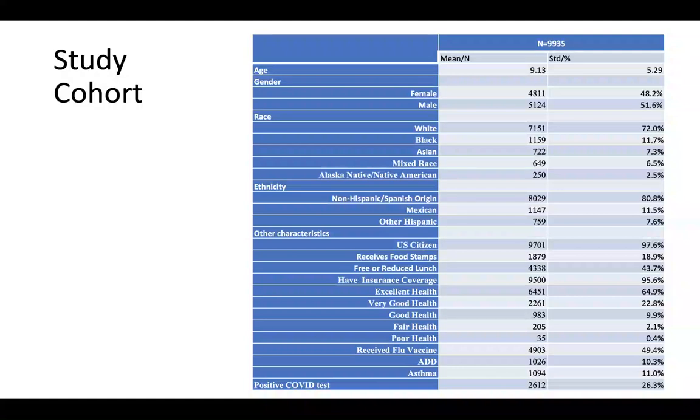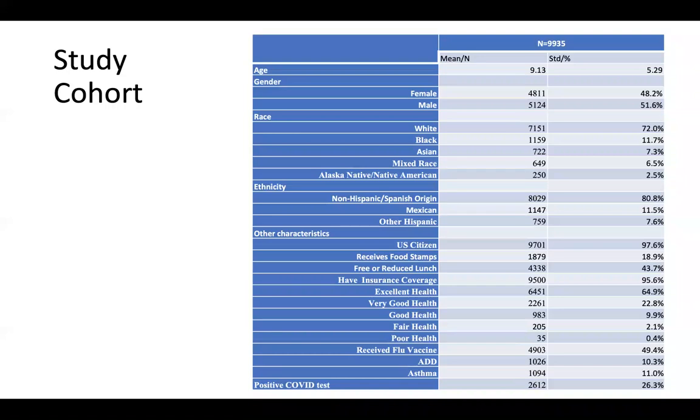The racial breakdown includes the majority being white, with 12% being black, 7% being Asian, and 6.5% being mixed race, as well as Alaska Natives and Native Americans taking up 2.5%. Ethnicity distribution encompasses non-Hispanic / Spanish origin, which is 80.8%, and Mexican, 11.5%, and other Hispanic, 7.6%.